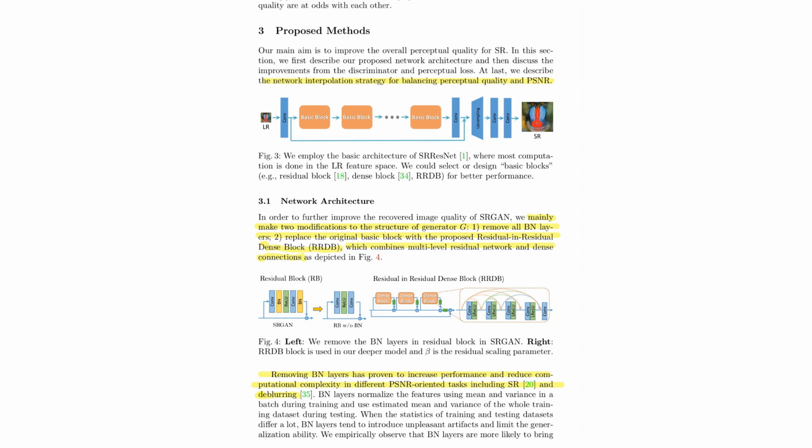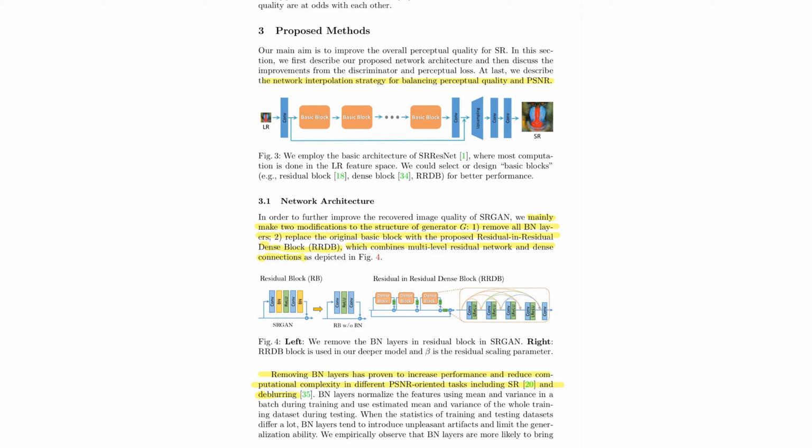Now, let's move on to the enhanced version of SRGAN, which is literally called ESRGAN, Enhanced Super Resolution Generative Adversarial Network. So, let's first discuss the network's architecture. Transitioning from SRGAN to ESRGAN, one of the pivotal changes lies in the architecture.